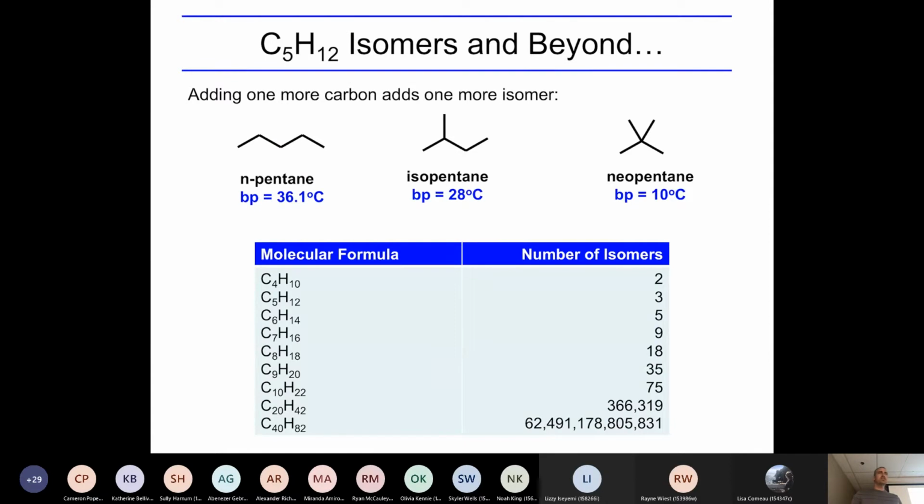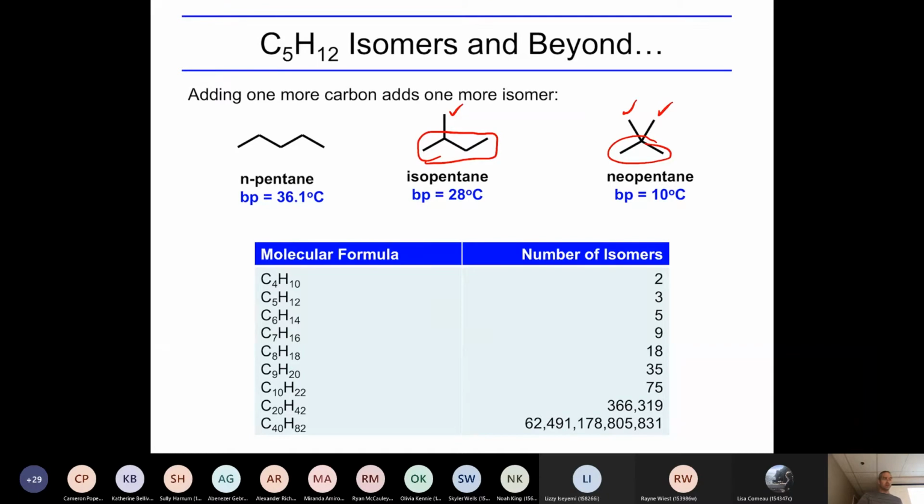So if you have 5 carbons instead, then you can have an increasing number of isomers possible. You can have 5 in a row, like N-pentane, 4 in a row with what we call a branch, 1 methyl. So this would be kind of like 4 in a row with a branch. Or you could have 3 in a row with 2 branches. And again, these are isomers. They have the same molecular formula, different shapes, different connectivity, right?